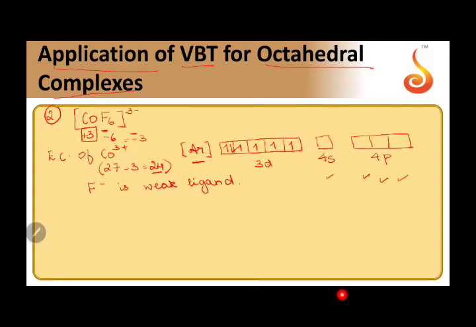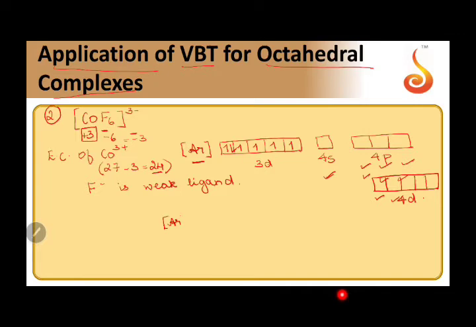Let's also write the next subshell, which is 4d. Now we can see that we have 6 orbitals, 1, 2, 3, 4, 5 and 6. Let's write these orbitals once again.